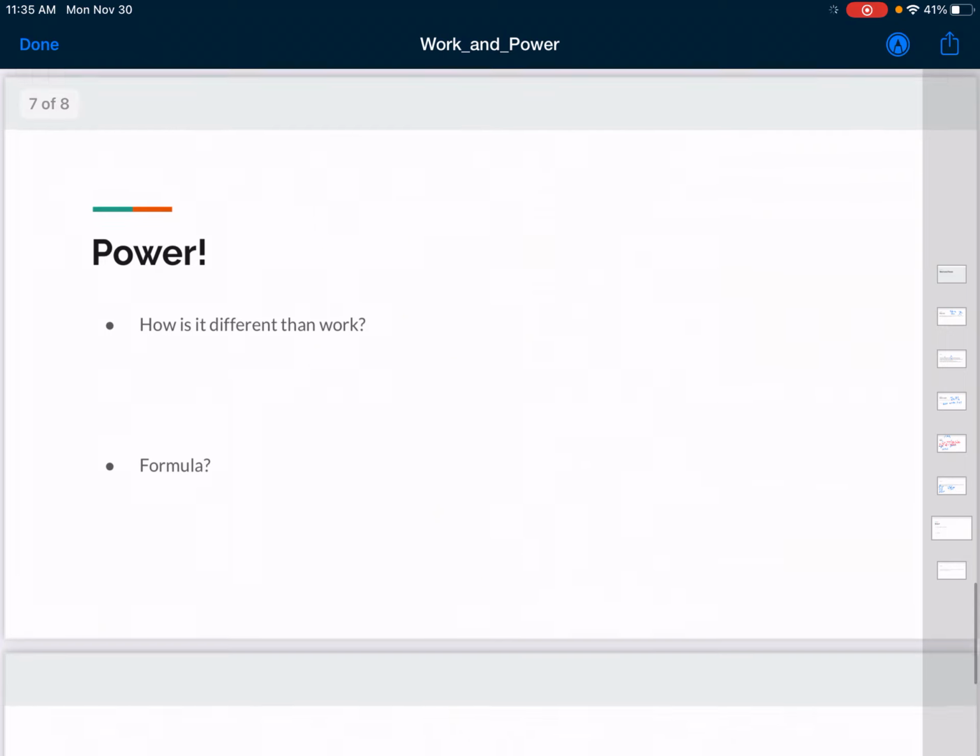All right, so now let's talk about power. How is power different from work? Power is very similar to work. The only main difference in power is that it's going to involve time.